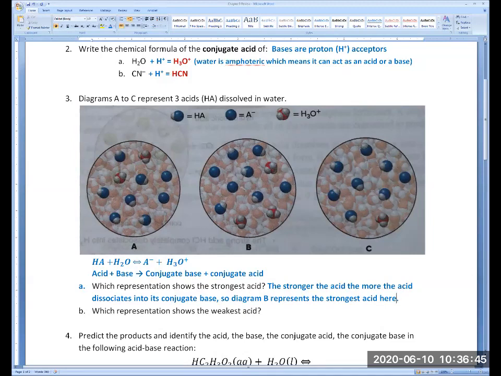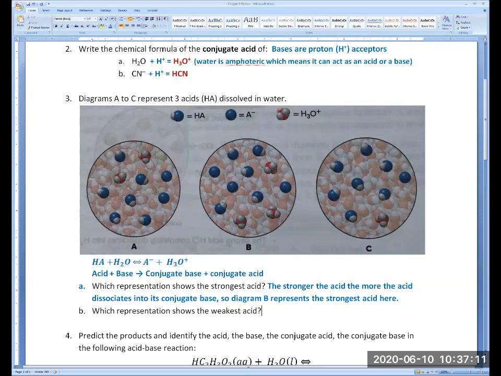If it was what we call a strong acid, the arrow in the equation here would be just a straight arrow to the right. It completely dissociates into A minus and H3O+, and that's a strong acid. That's not what this is representing. So we only say here is the strongest of those three.